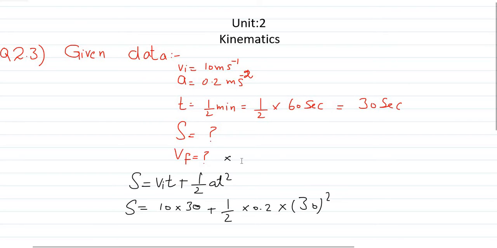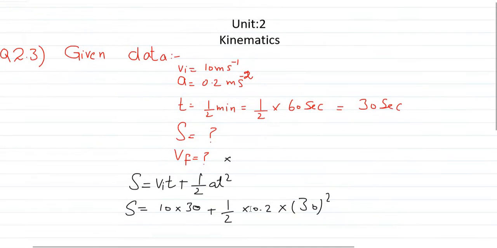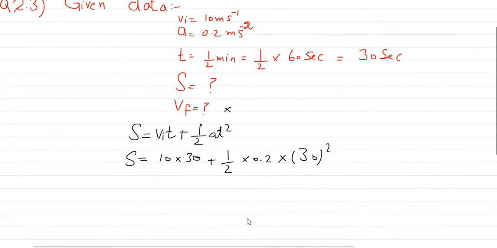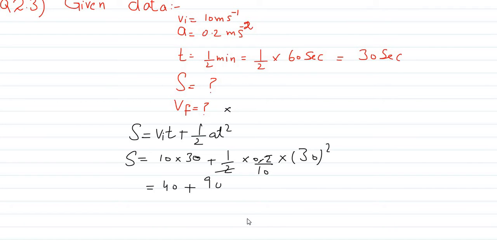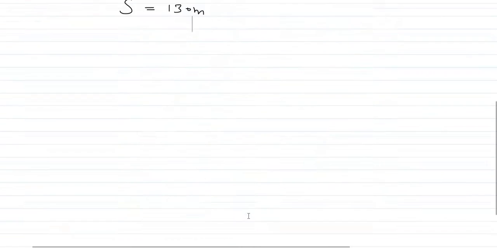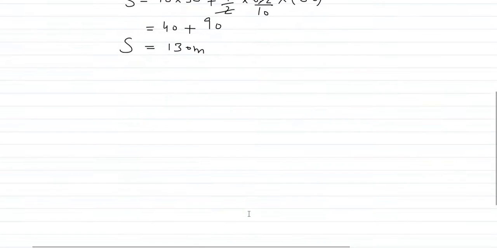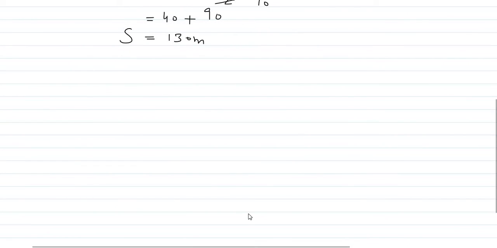You can calculate it with the help of a calculator. 10 multiplied by 30 we get 300. The point cancels out, we get 10, 2 cancels out 2, and 30 square is equal to 900, divided by 10 we get 90, plus 300 you get 390. This is the answer of distance. Distance is measured in meters, so in the last you have to write the unit of distance.